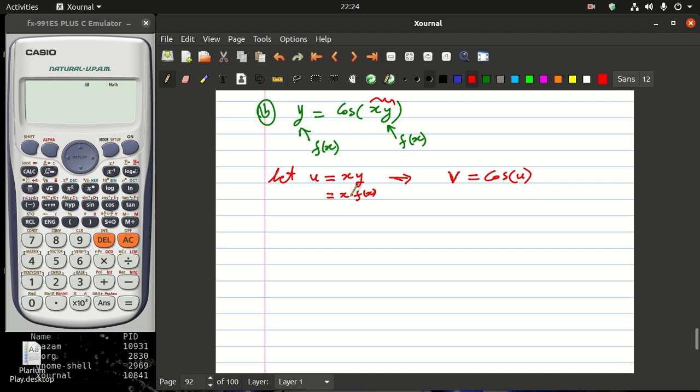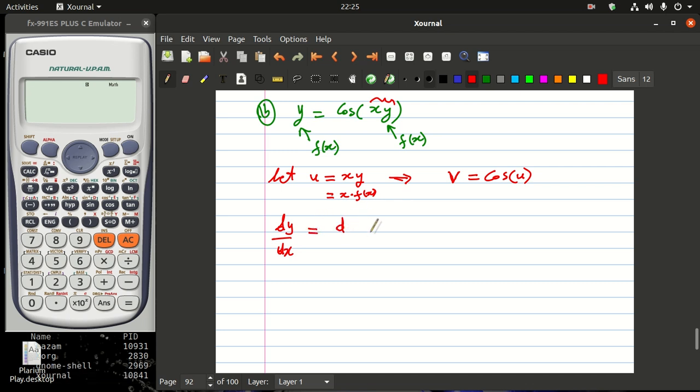This is f of x and this is f of x, but this is sitting inside. I'm going to call it u, and change this whole function and call it v, so I have cosine of u.